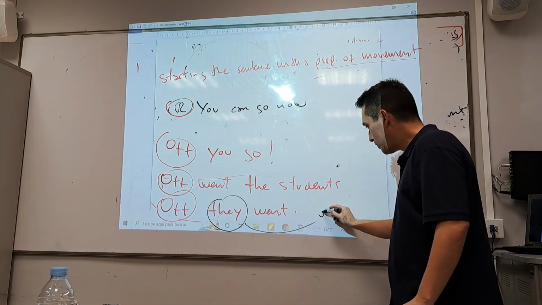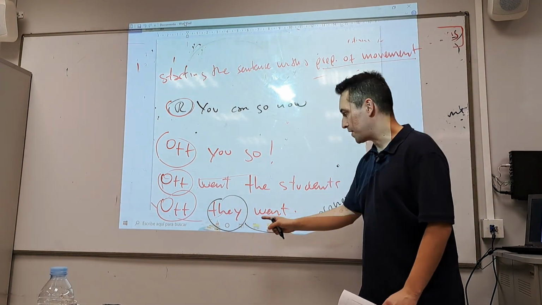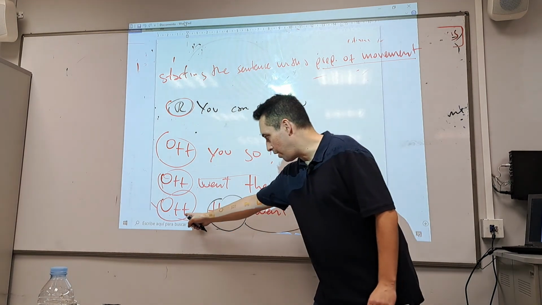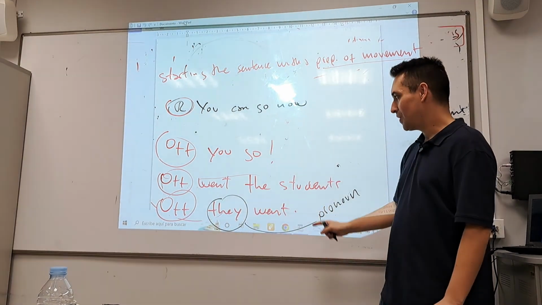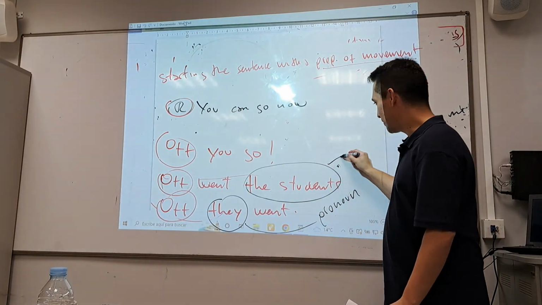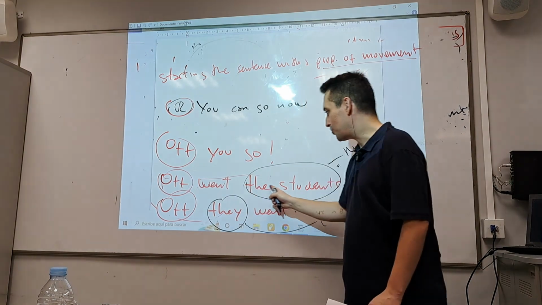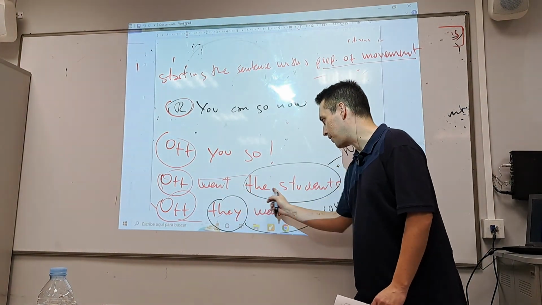If I use a pronoun, I need to place it before the verb. Off they went. If I use the noun, the students, the noun, off went the students. Yeah, I have to place it after "went."